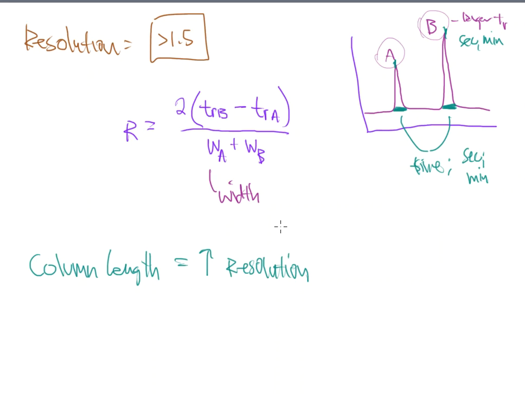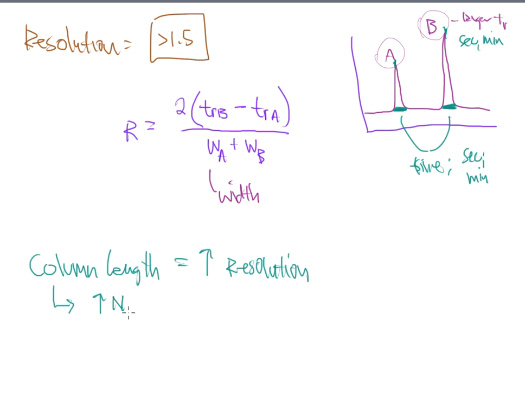Okay, well, there are going to be some other issues here with choosing column length and making it longer. And again, this is one of the reasons that we try to stay away from this until we absolutely have to. So if you increase the column length, you're actually increasing the number of theoretical plates, right? You're putting more stationary phase on the inside. That's more pages of the flip book that the molecules have to go through in order to separate.